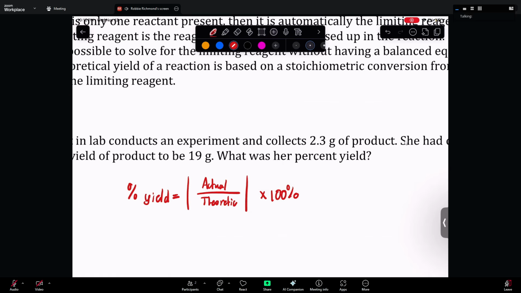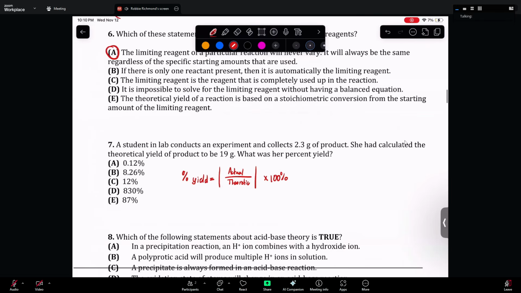Basically, percent yield is actual divided by theoretical yield, absolute values, times 100%. If I throw this in my calculator, 2.3 divided by 19 times 100 is 12.105, which for sig fig purposes rounds to 12%, which is answer choice C.